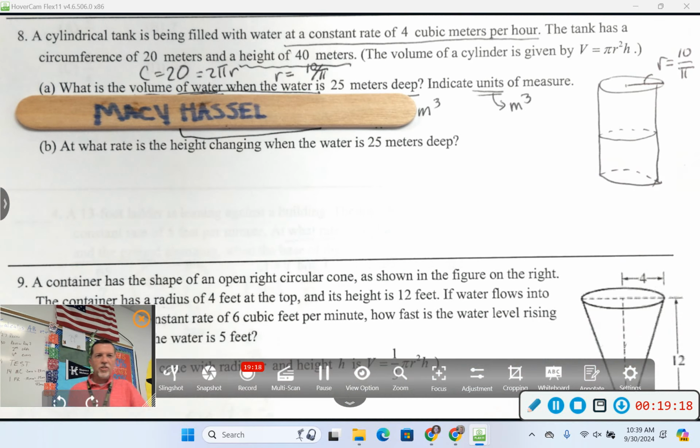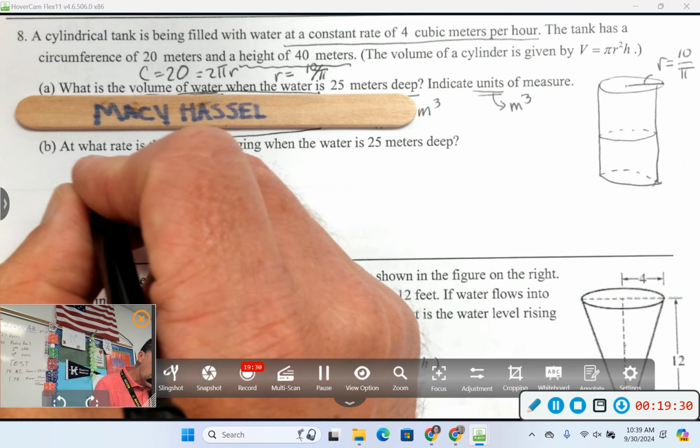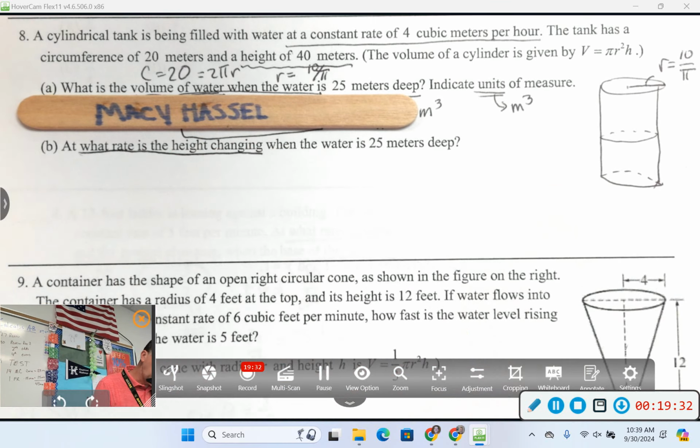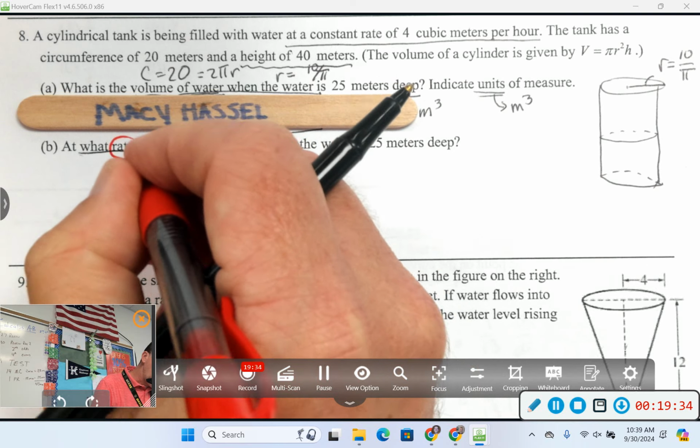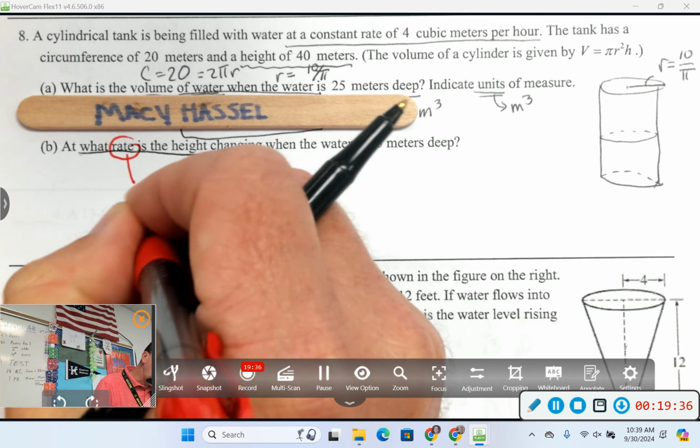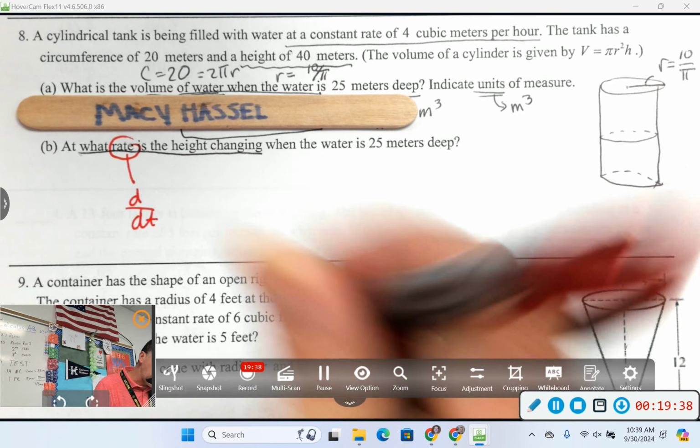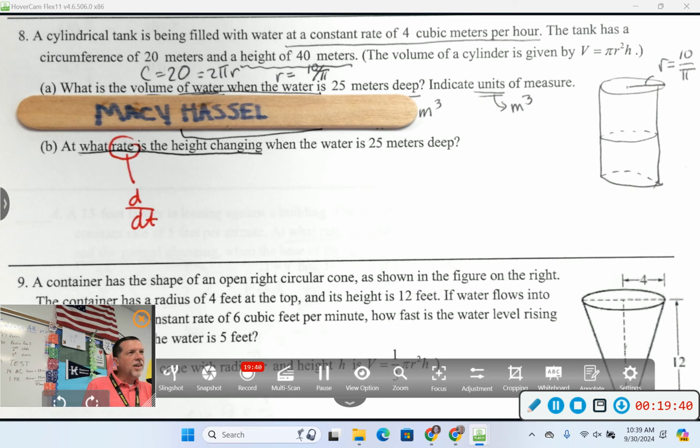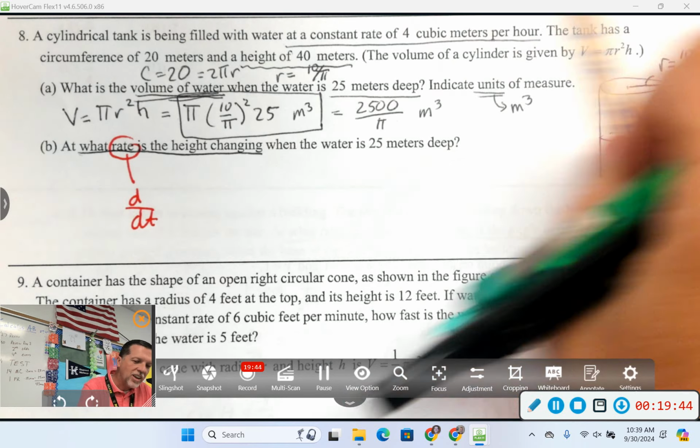Macy, what's this question asking me in like calculus words or variables more than English words? At what rate is the height changing? Rate means there's something changing with respect to time. And what are we asking for? What's changing?